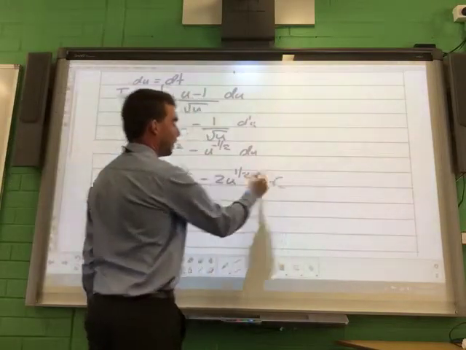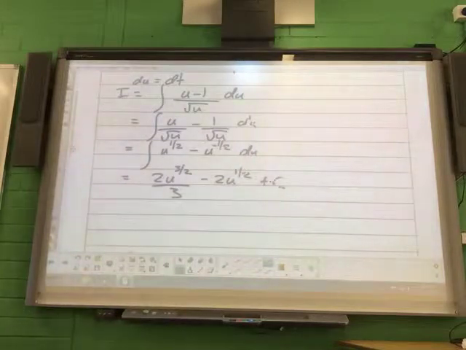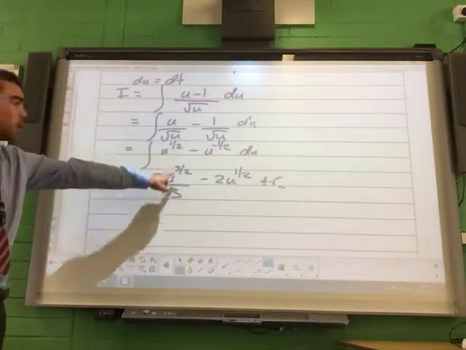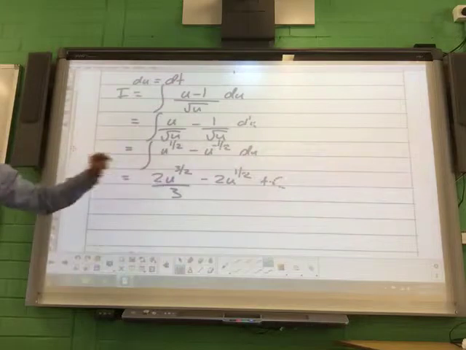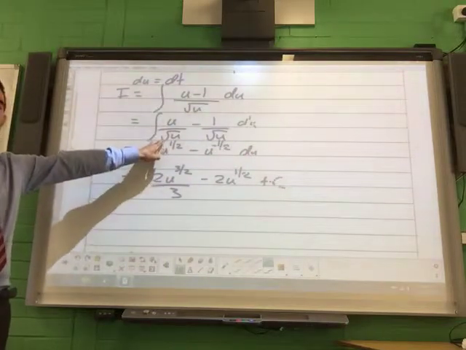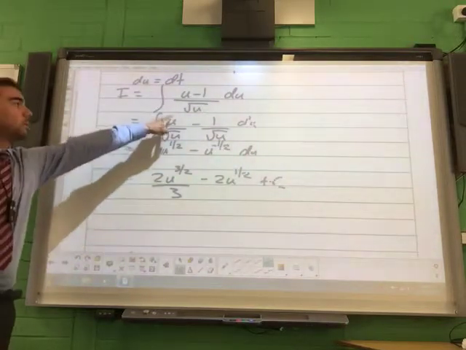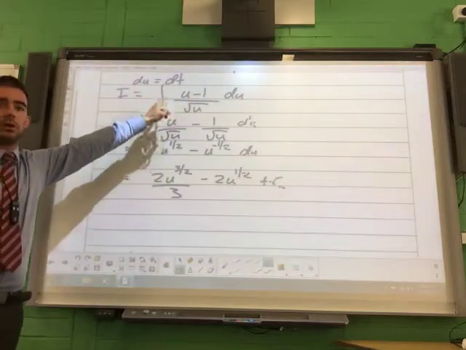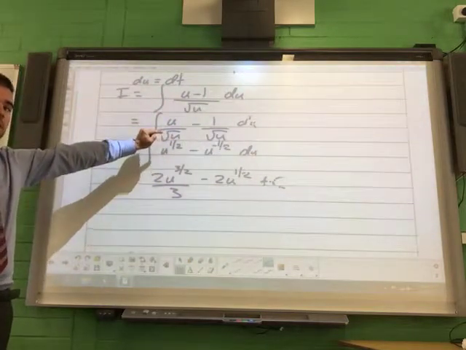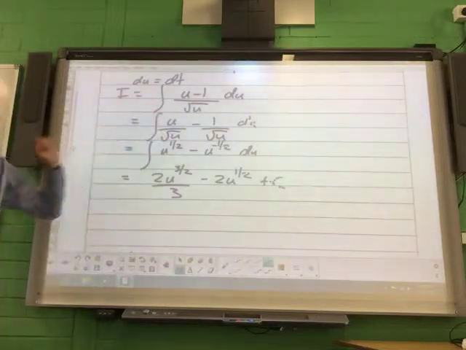If you're not confident with what I've just done in terms of getting straight to that step, you need to go to a middle step. With u over root u, it was u to the power 1 over u to the power of a half, using your division index law to be 1 take away a half.